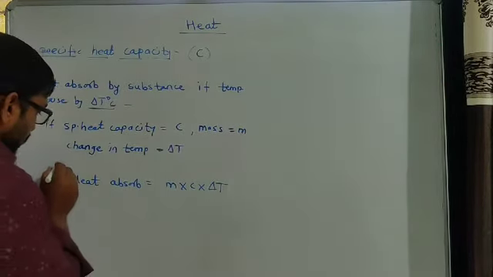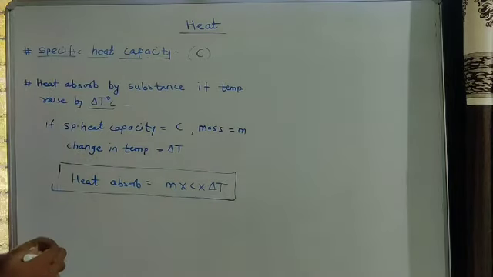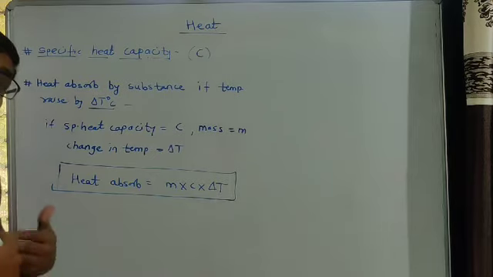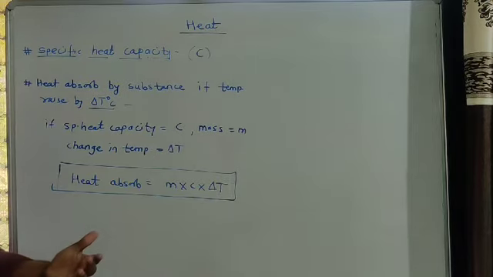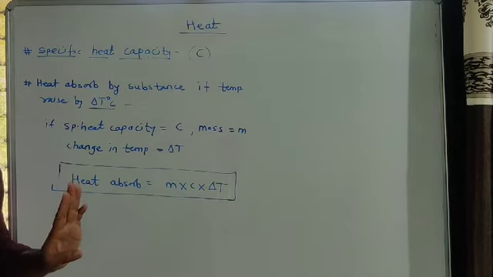This formula gives us the amount of heat absorbed by a substance when we raise its temperature by delta T degree Celsius.